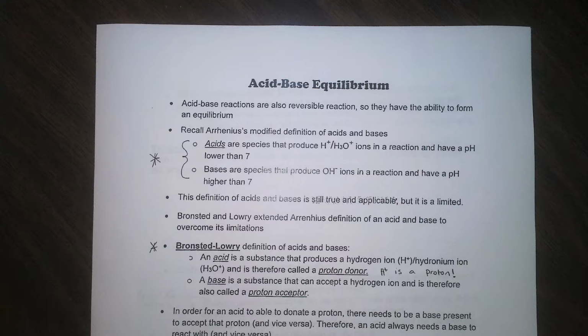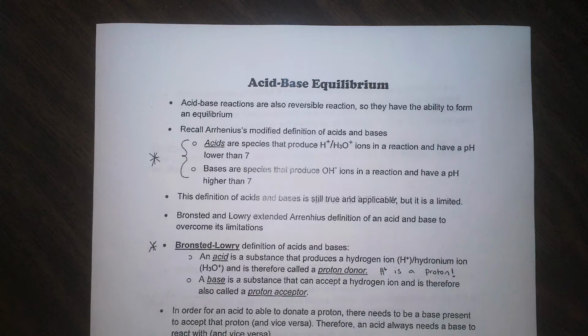Bases are based off of the hydroxide ion, and they have pHs above 7. Okay? And so Arrhenius's definition is still applicable, but it's a little bit limited because that's just to introduce the concept.